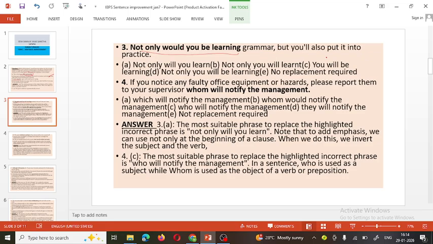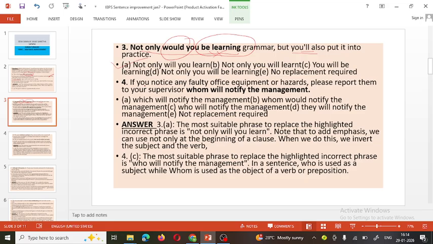As in the second part of the sentence, simple future tense is there, so in this part also, instead of would, we need to use will. And "you be learning" is wrong. So not only will you learn grammar, but you will also put it into practice. So option A is correct here.